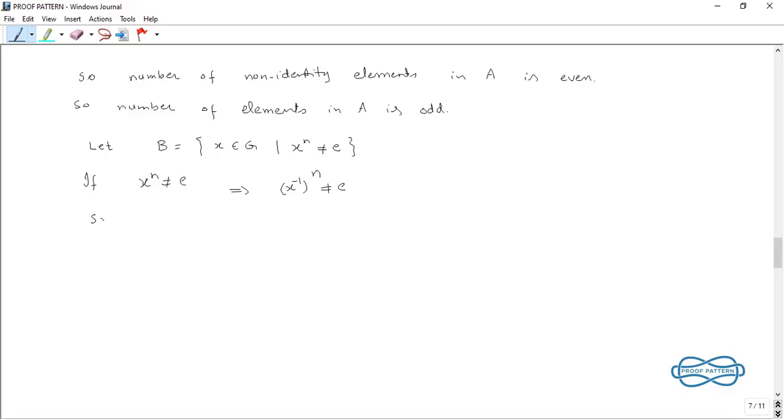So the elements in B will be even in number because they appear as pairs.